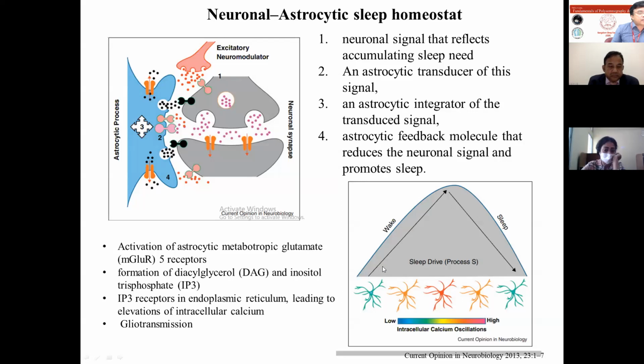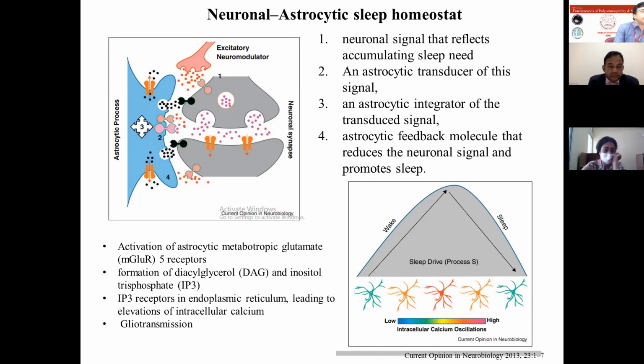Now, my sleep process, that is process S, is nothing but the homeostatic process. So it goes on building up. So the interaction between neuronal and glial cells also depends on the amount of calcium that gets accumulated by the intracellular calcium, which in turn drives the further pathway with diacylglycerol, inositol triphosphate, right?